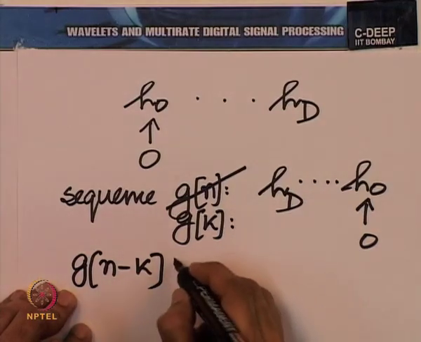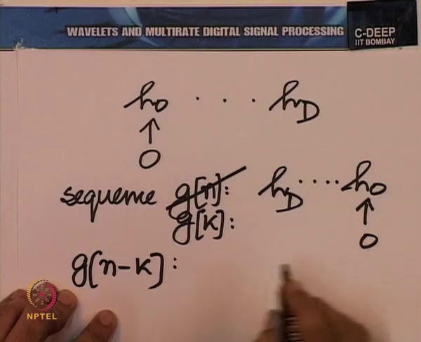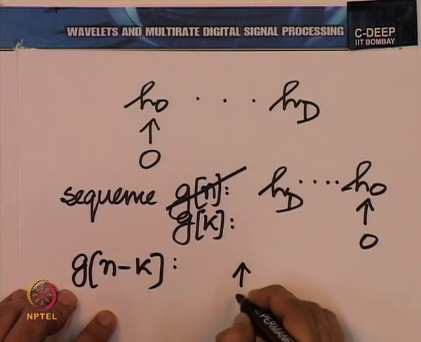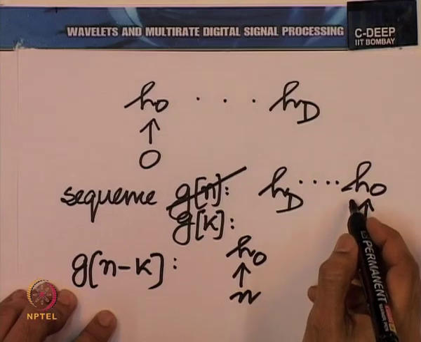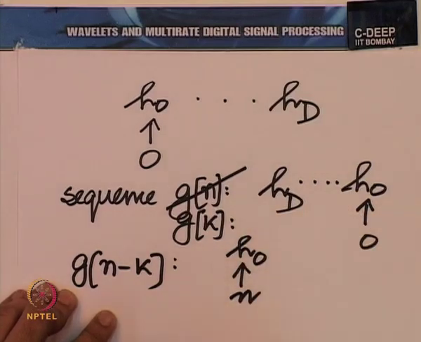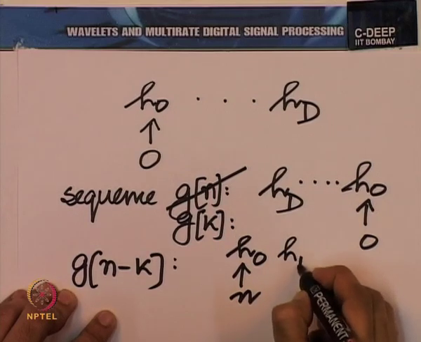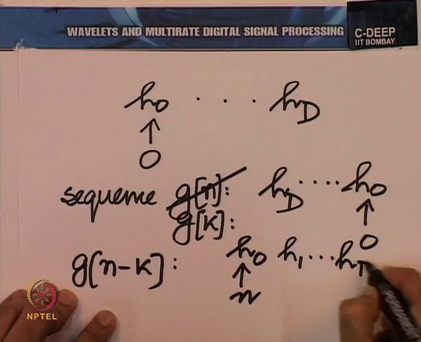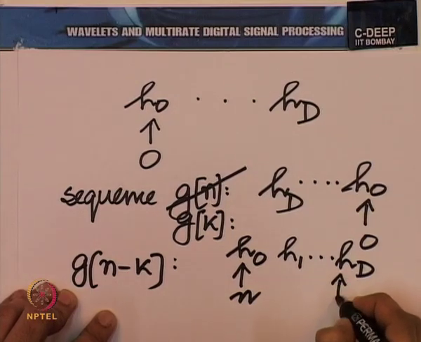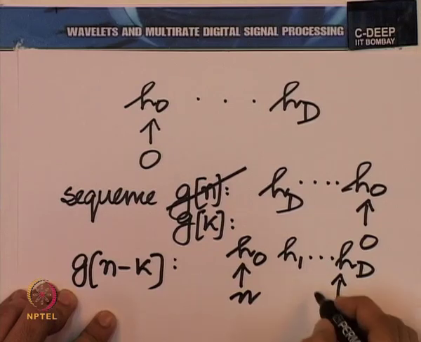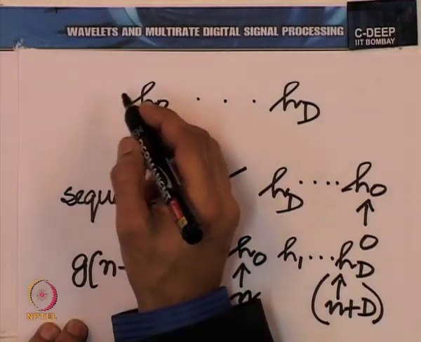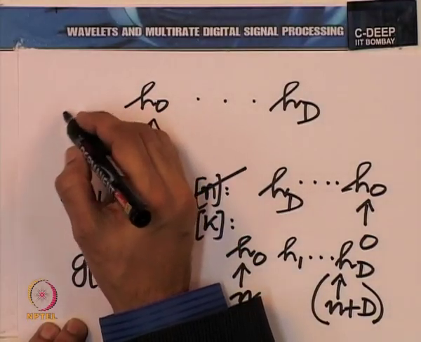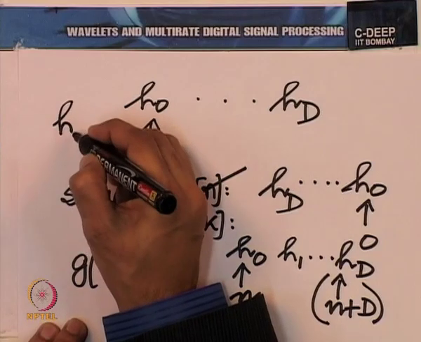So, g[n minus k] is going to look like this, the 0 would go to n, and whatever comes before 0 would go after n there. So, you have H1 and so on up to Hd. So, this reaches the point n plus d here. This is the sequence g[n minus k], and this you may of course call the sequence H0[k] if you like.